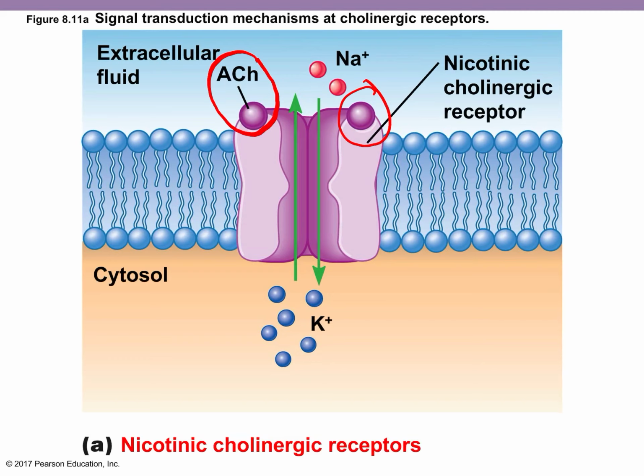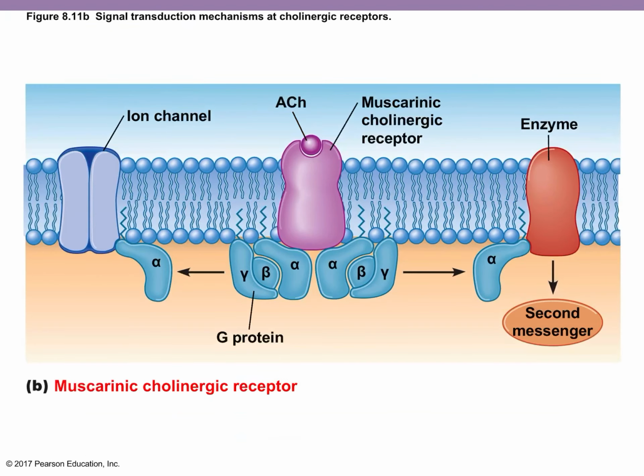It's going to give you a fast EPSP, an excitatory postsynaptic potential. If you have studied this in anatomy, skeletal muscle contraction is based on the acetylcholine neurotransmitter. These nicotinic cholinergic receptors are what you find on skeletal muscle cells.